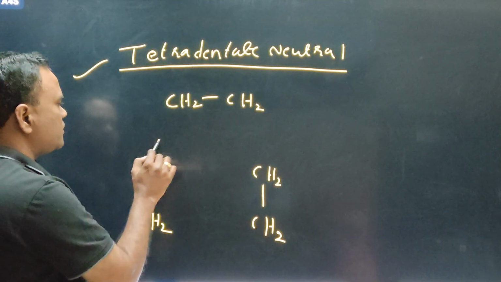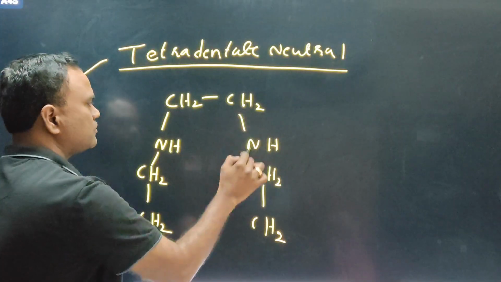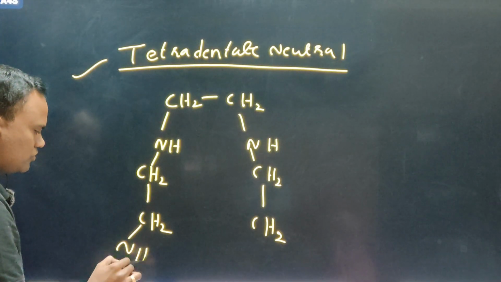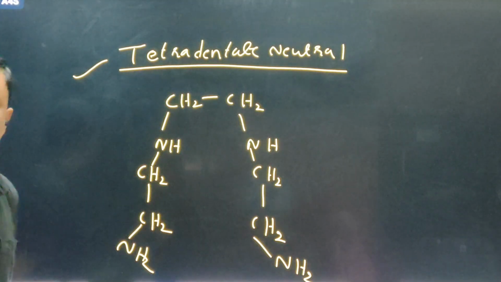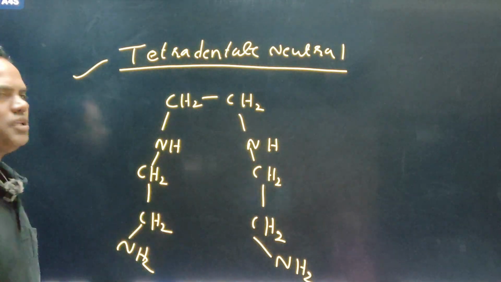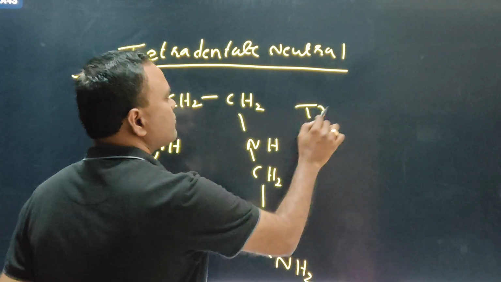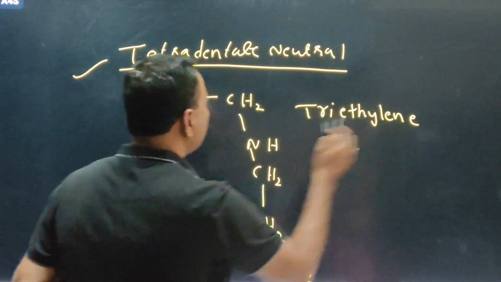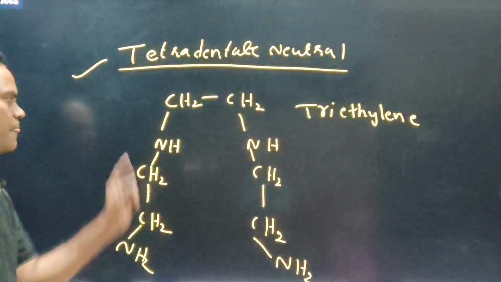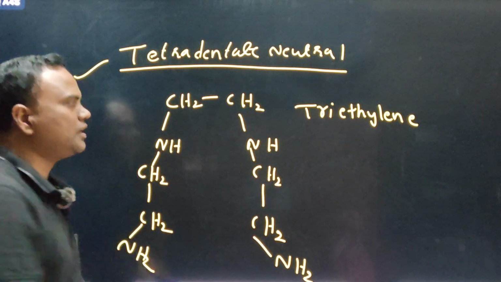So I am keeping NH here, and NH2 here and here. How many ethylene units are present? 3. Triethylene. And how many amine groups? 1, 2, 3, 4. Tetraamine.